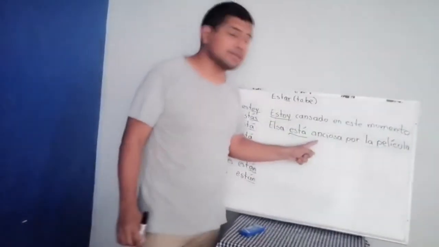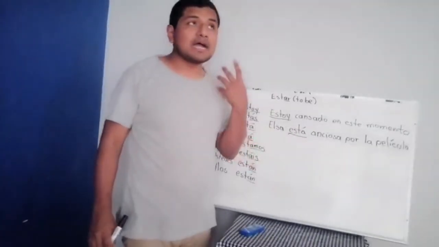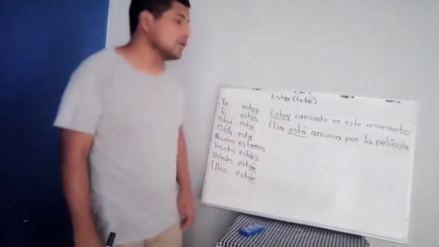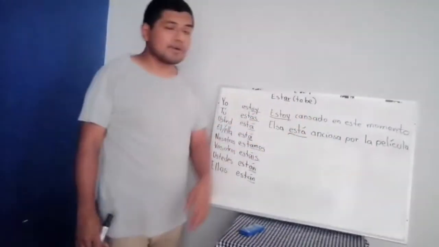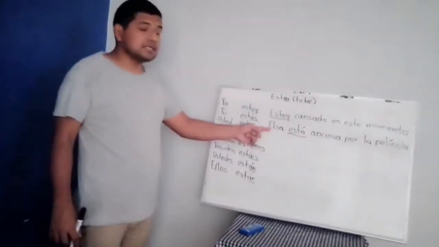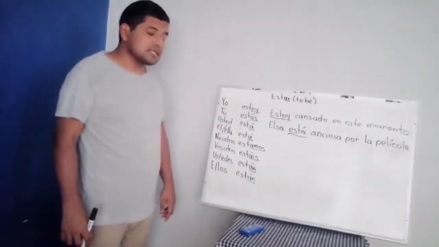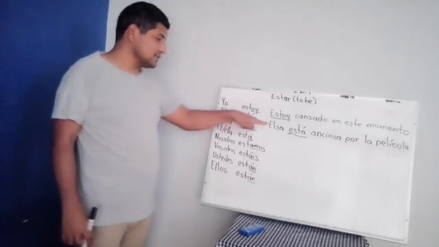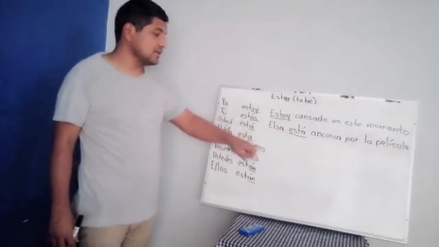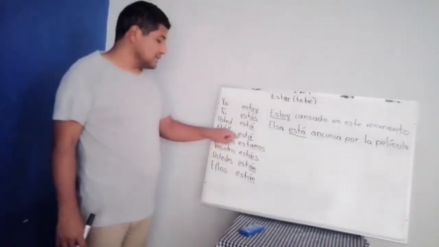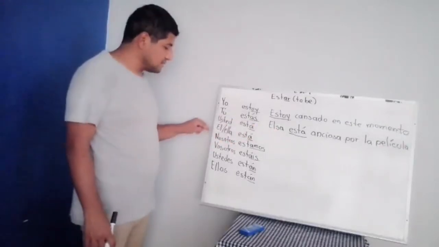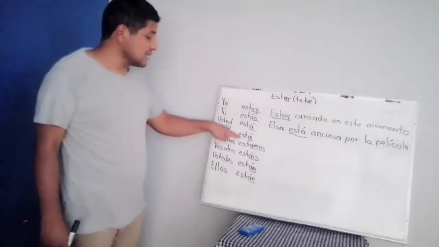We have the adjective ansiosa, which means anxious or excited in this case, for the movie. Elsa is a feminine name. So what pronoun is replaced in this case? Are you ready? Check the conjugation at the end. By the way, está we had here for both, right? But it's feminine. Remember what is the feminine? It's ella, in this case.